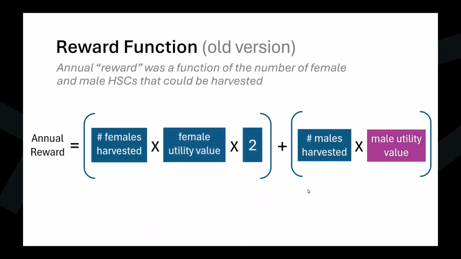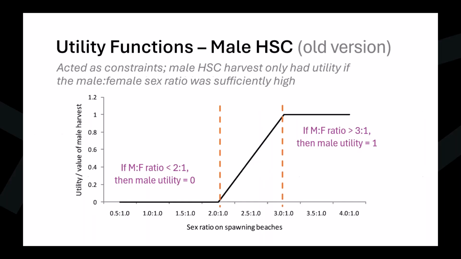So I think we'll move on now to talking about the male utility functions, which functioned similarly in the reward equation, in that they were a multiplier on the amount of harvest, but the utility curve itself was slightly more complicated. It was based on sex ratio observed on the spawning beaches in Delaware and New Jersey.